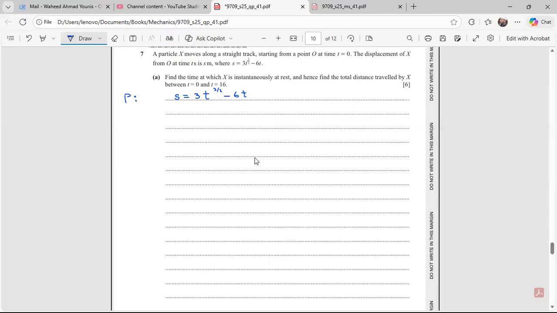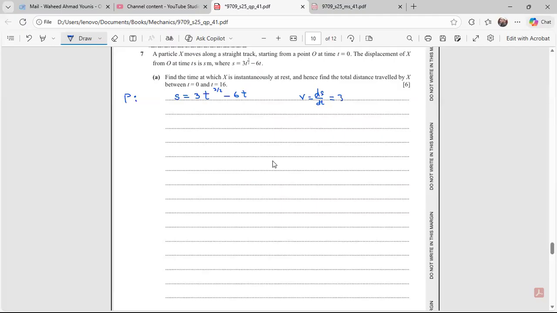Now find the time at which X is instantaneously at rest. We need to find the time at which the speed was 0. Knowing the distance, how can we find the speed? Speed is the derivative of distance, remember? So I need to differentiate this expression.